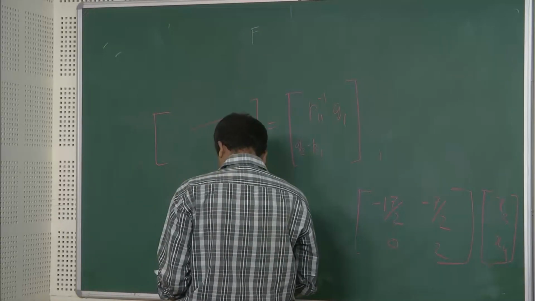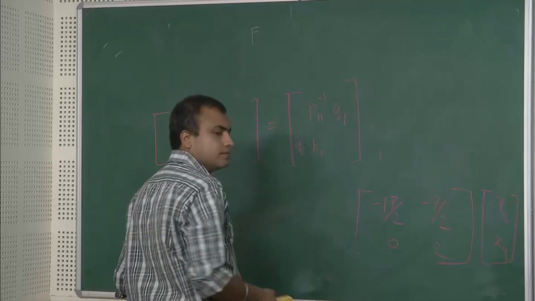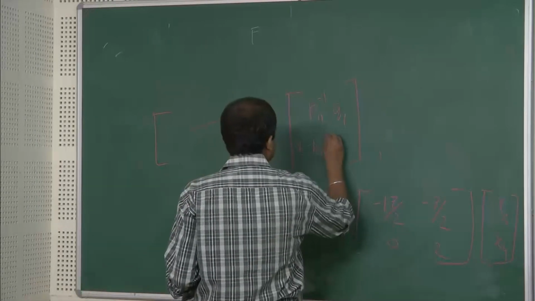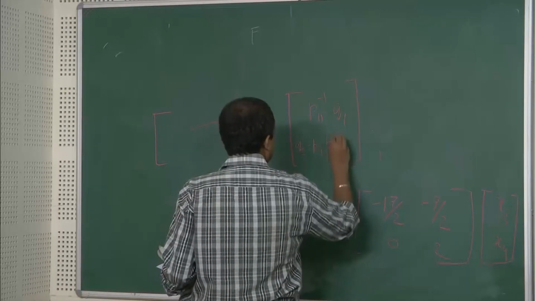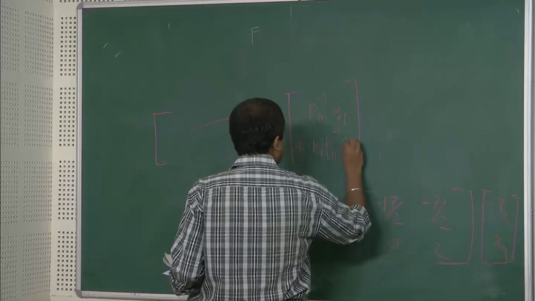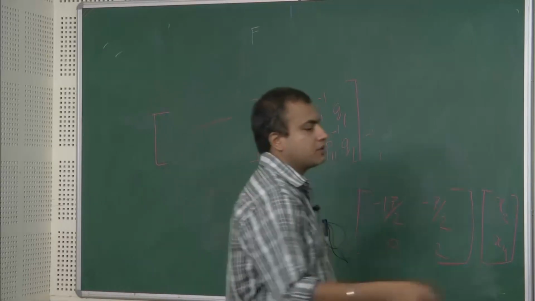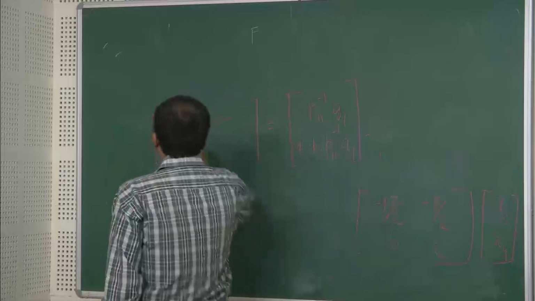P2 inverse P1. So, this will be. The last problem is basically QR factorization.